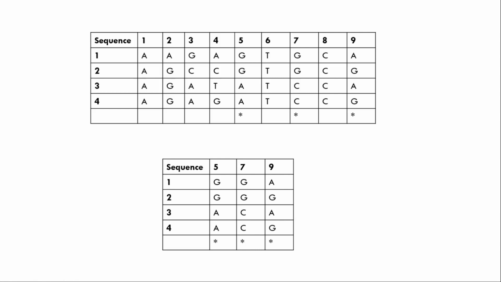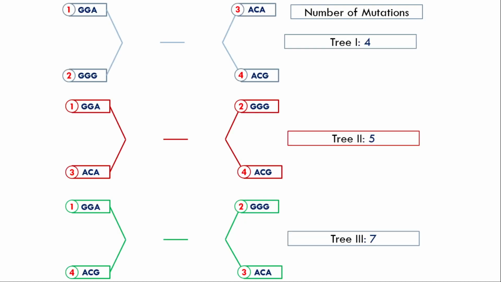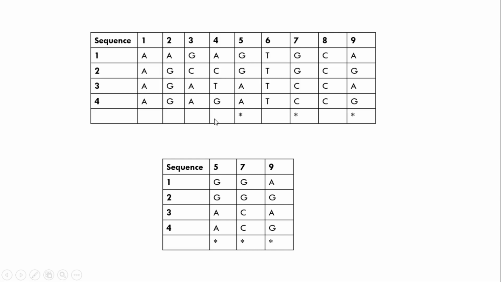Now let's see how I can conclude which type of relationship 1, 2, 3 and 4 are sharing. For that, we can generate this type of hypothetical tree. Hypothetical tree means what relationships should be there, what kind of relationship 1, 2, 3 and 4 may share. Maybe 1 and 2 have a common ancestor.